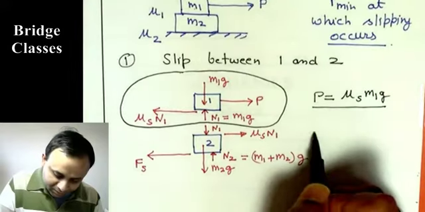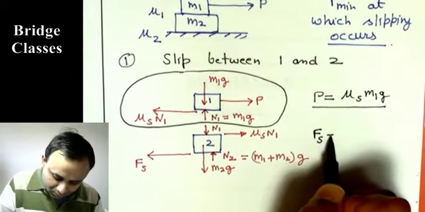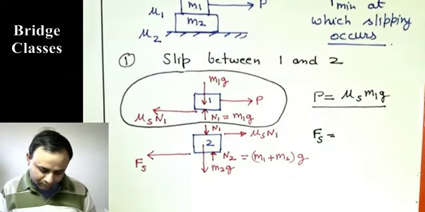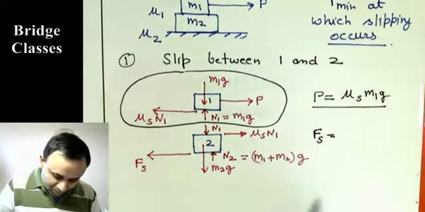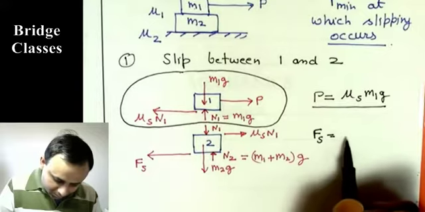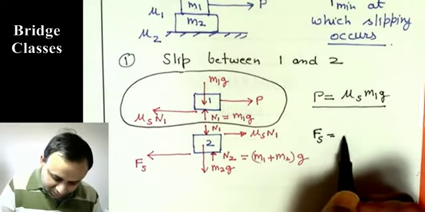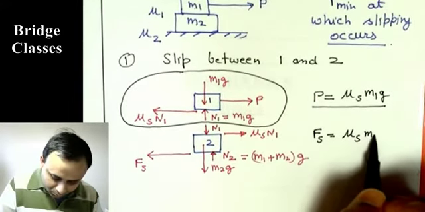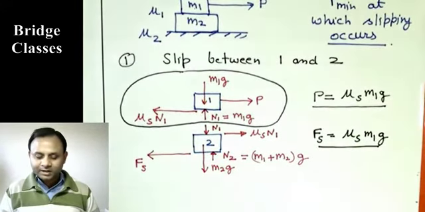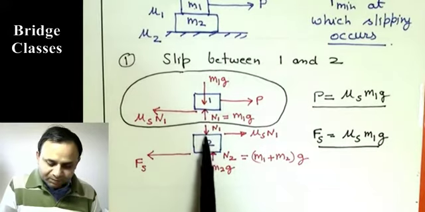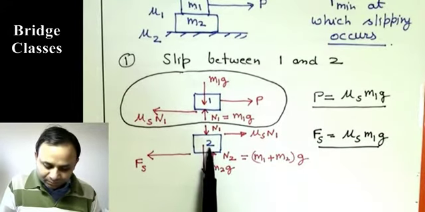So I can write Fs equals mu s N1, which is mu s M1G.